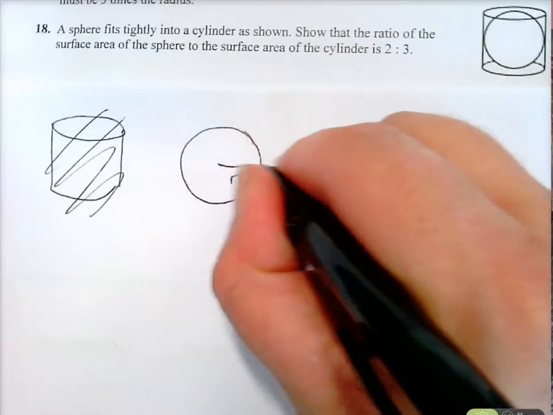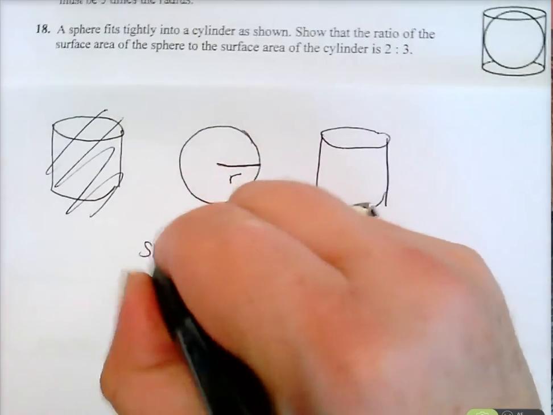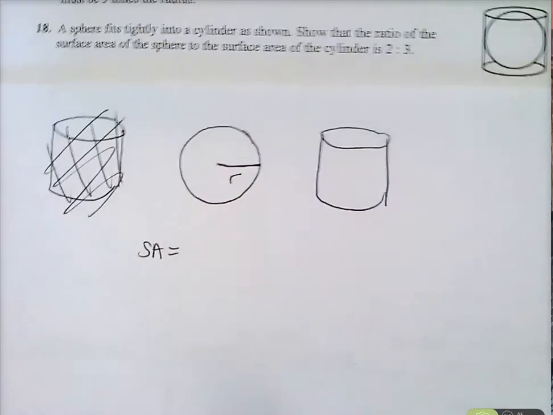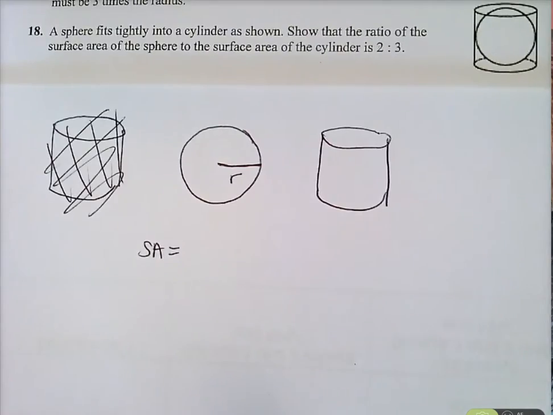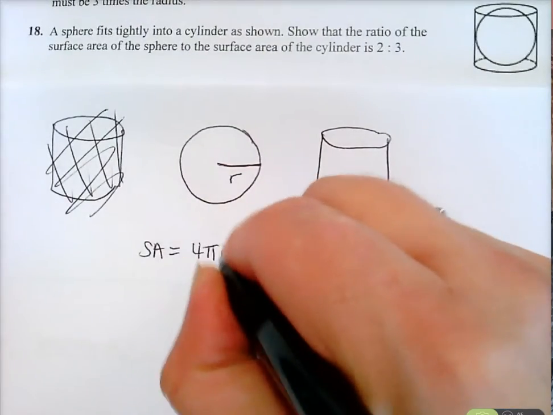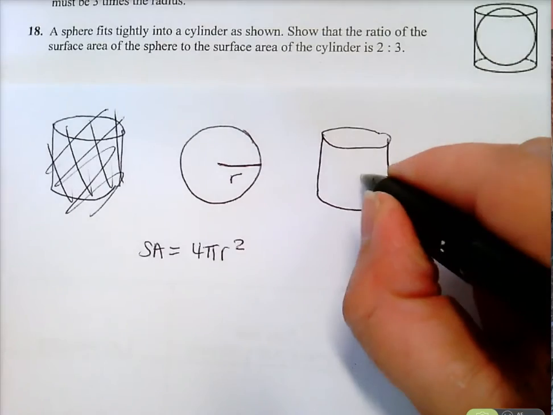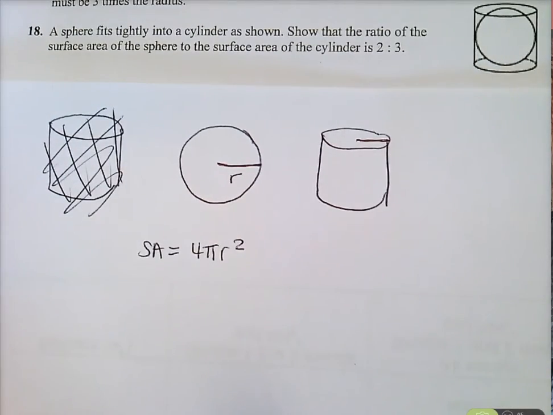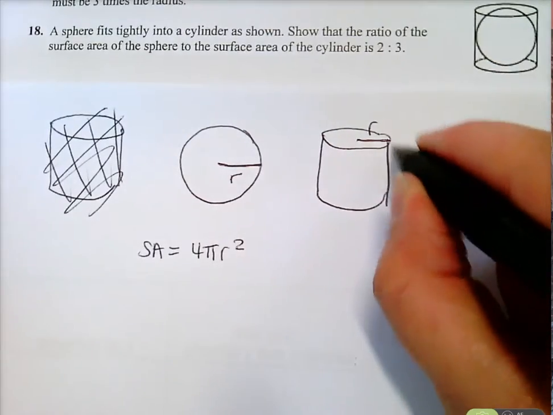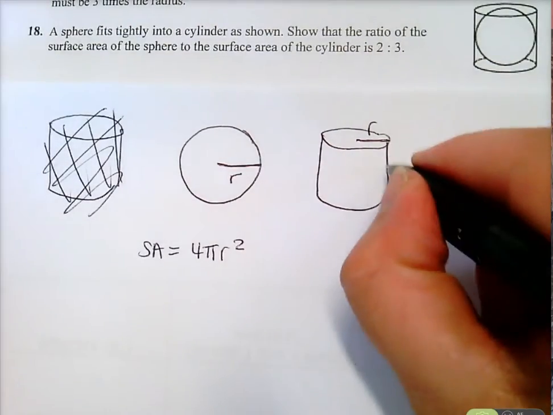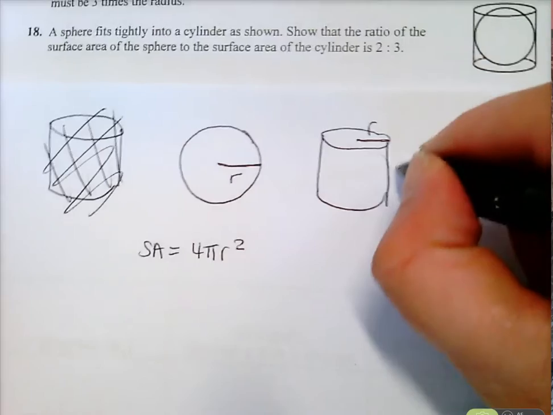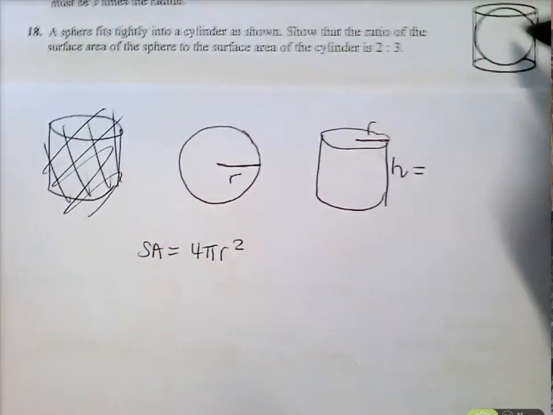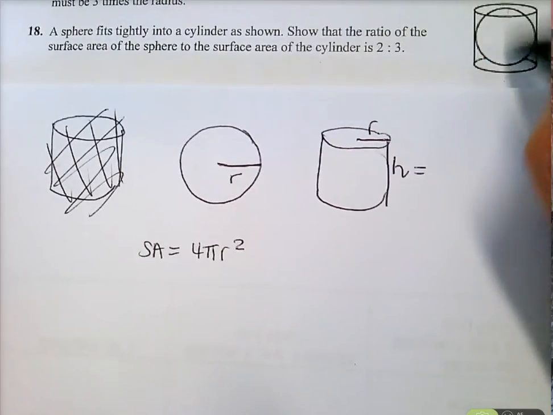Now, girls, the radius of this is that. What's the surface area of that? Anyone? Surface area of the sphere. R squared. All right, girls, what's that distance? Is this R because it fits straight in? Tell me what the height is. What height is that?